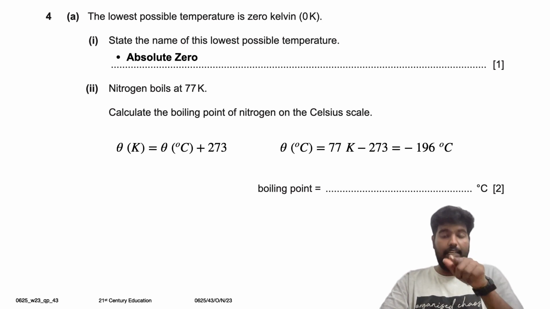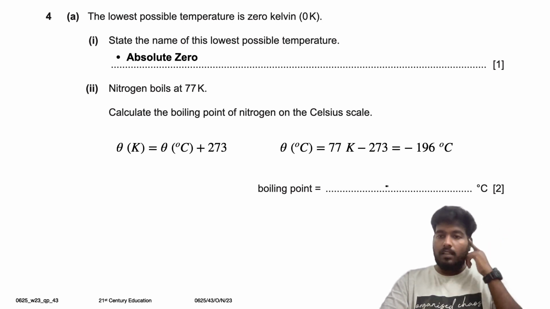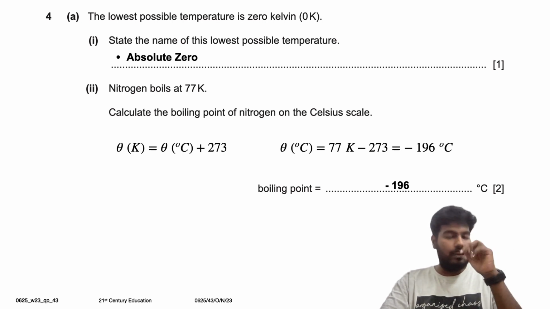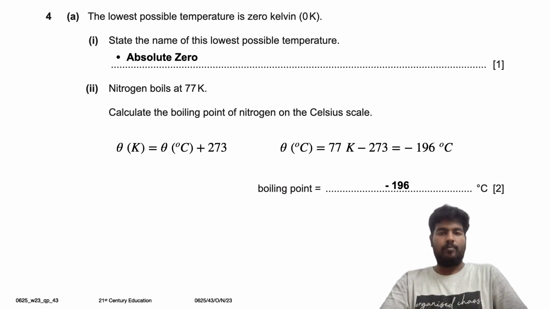This minus sign in the degree is very important. You should never put a minus sign before Kelvin, because it doesn't mean anything: the minimum temperature is 0 Kelvin, and there is no Kelvin beyond that.